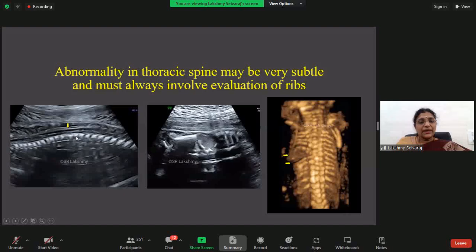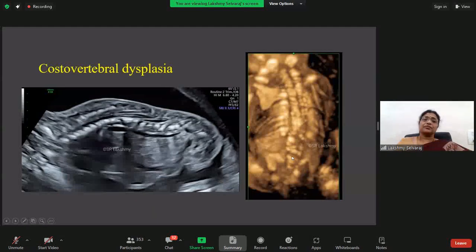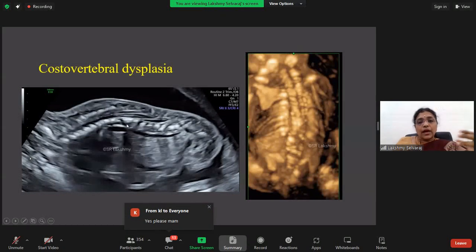You see that the intervertebral disc space is not very good here, and you see something missing right here. The clue will first be in the thoracic region, and then that can be associated with the missing ribs like that.